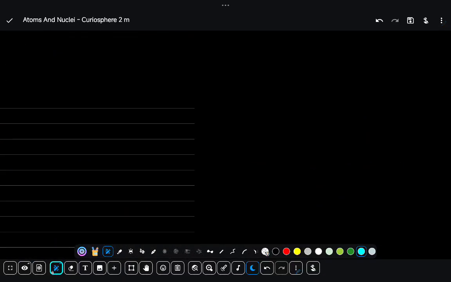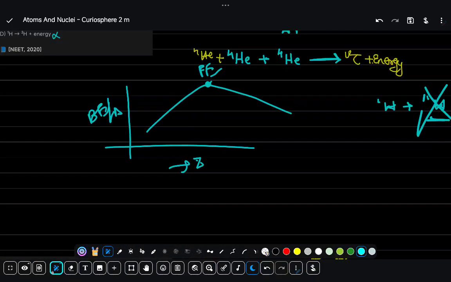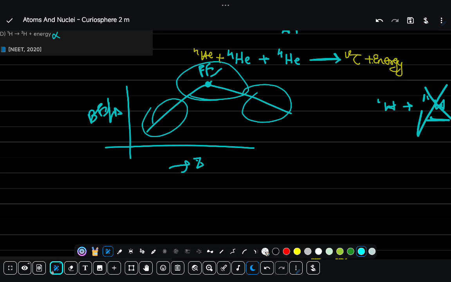Now coming back to this graph, the stability is less here, and less here. For iron alone the stability is high. The catch is, as I said already, for elements below iron, the imbalance between the neutrons and the protons is there; it is stable, but not as stable as iron.